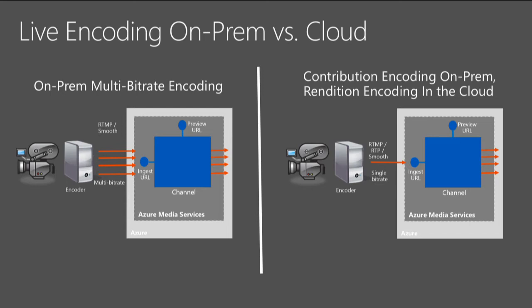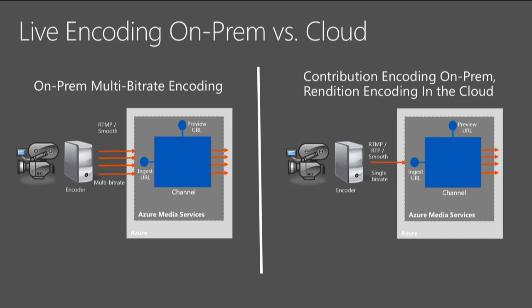What we are working on, and will hopefully have out at the end of this month in public preview, is live encoding within the channel itself. That allows you to output just a single quality level. One of the main benefits is that I need dramatically less compute power in the encoder.